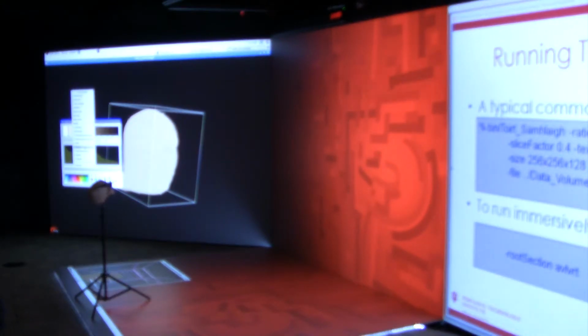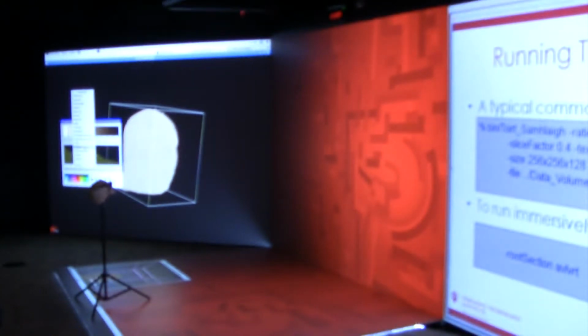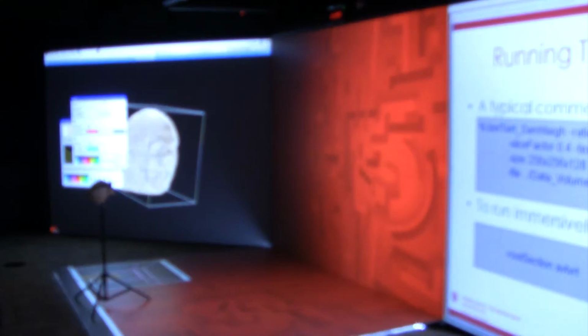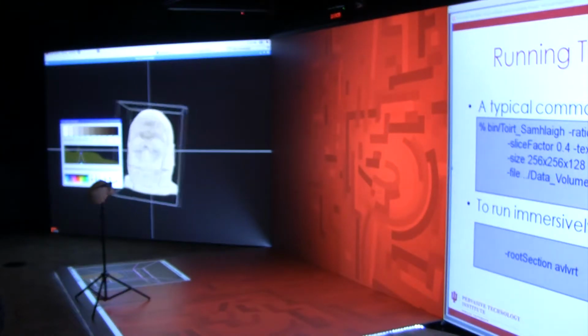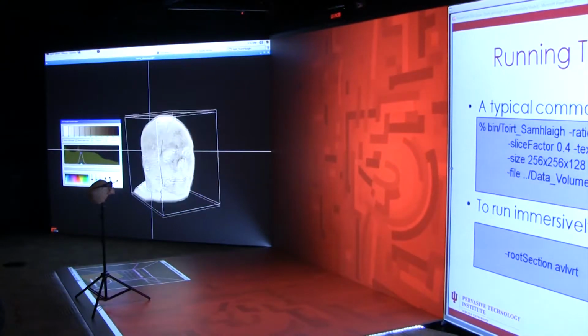So to some degree, with the ability to save and restore, which was added later, you could set things up on the desktop, get your common things that you want to do going, and then bring it into the cave and just add things like the cutting plane. The cutting plane here is now going to be more difficult. Matter of fact, I don't even know how I would control it.